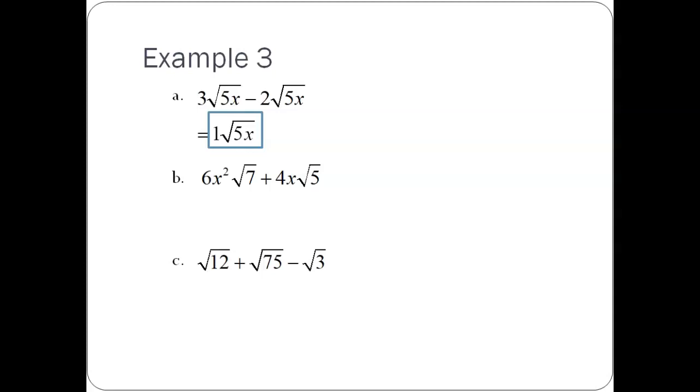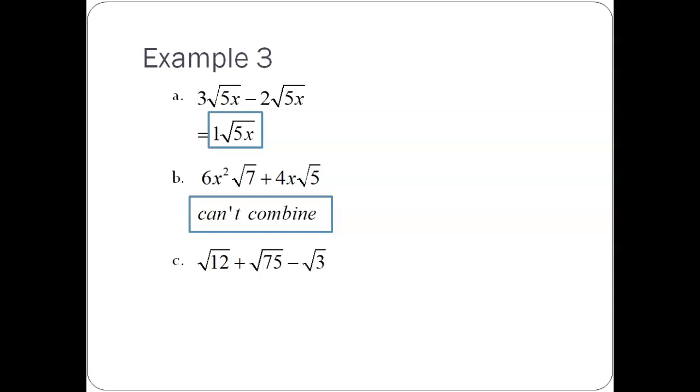Well, for 7, there are no perfect squares that are factors of 7. And for 5, there are no factors of 5 that are perfect squares. So that means there's no way for us to simplify this and then combine. So we can just say we can't combine these. You can add them, but you won't be able to combine them into one term.